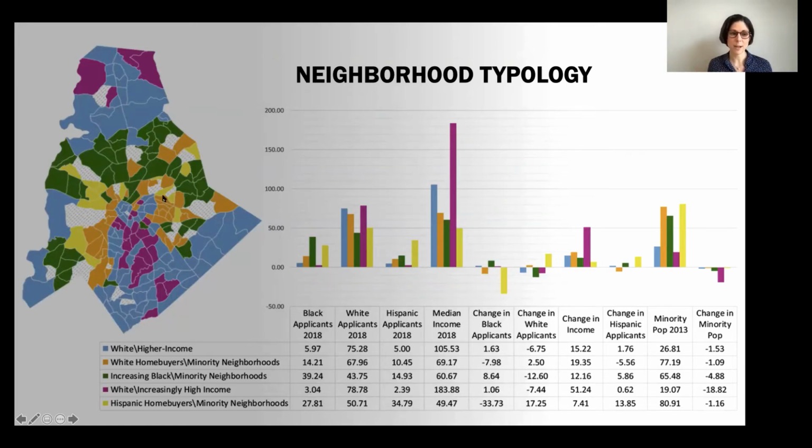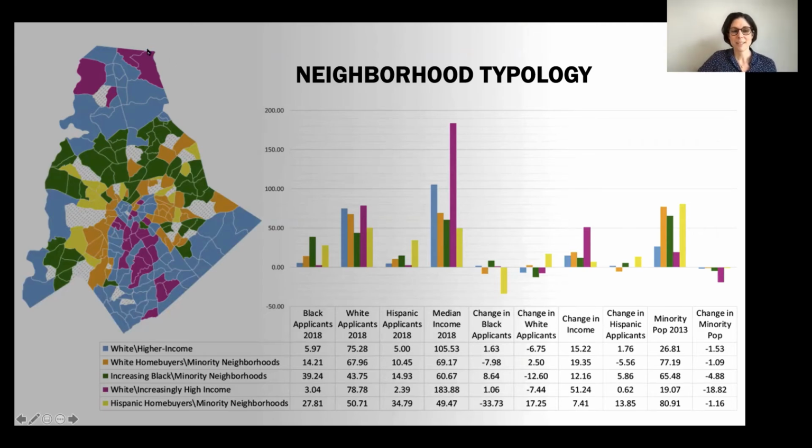So then if white home buyers are moving there, what about our Black home buyers? They are scattered more out into our older suburbs. Not old as in European old, but old as in 70s, 80s, 90s housing.